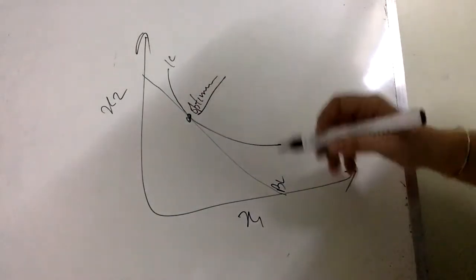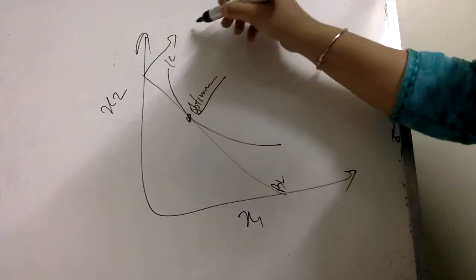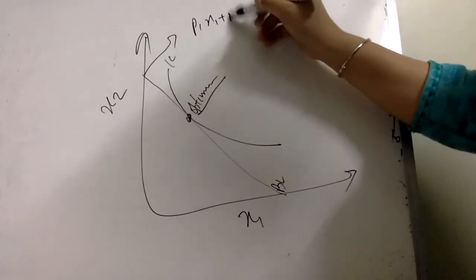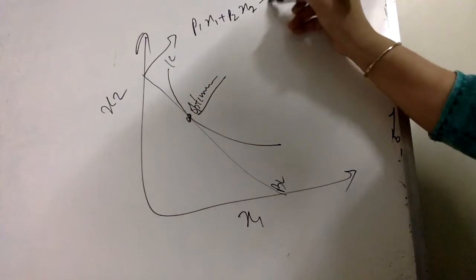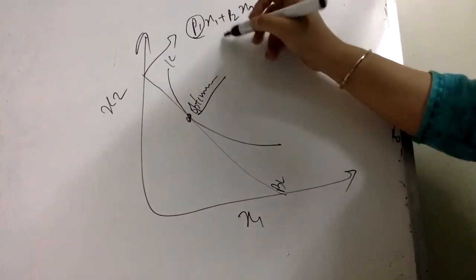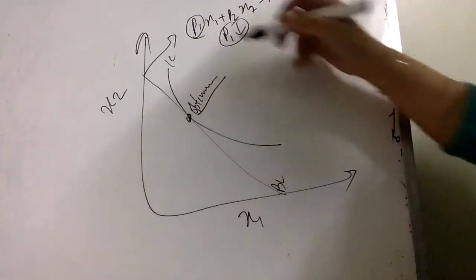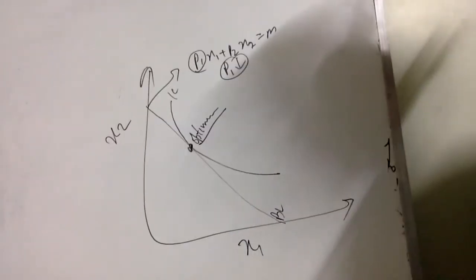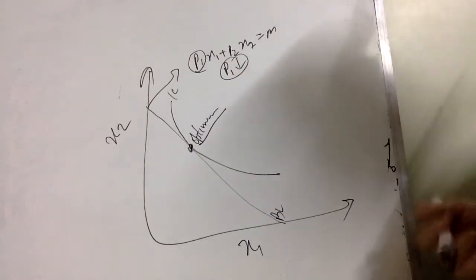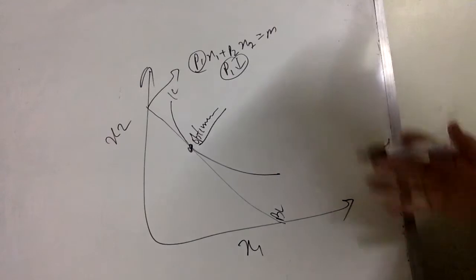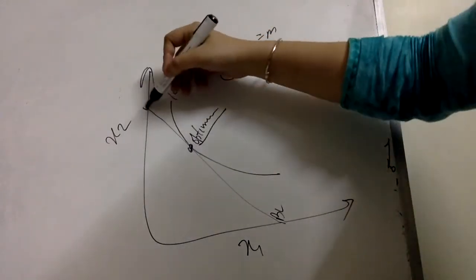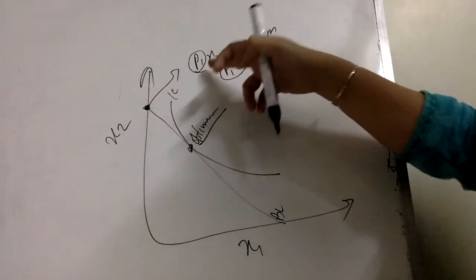Now suppose this budget line was given by P1 x1 plus P2 x2 equals M. Now suppose P1 falls. As P1 falls, definitely the income opportunity for the consumer will rise. How will the budget line shift? This intercept will not change because P1 is changing.